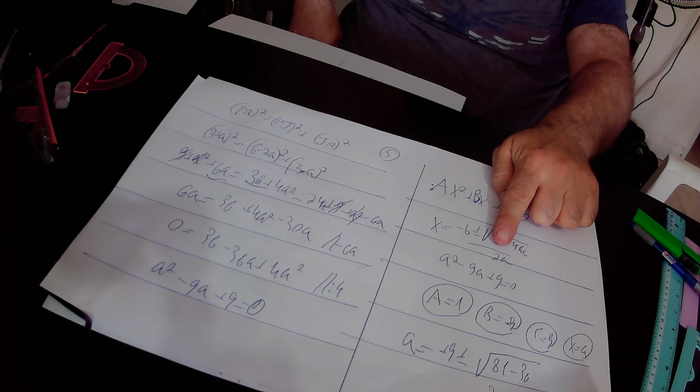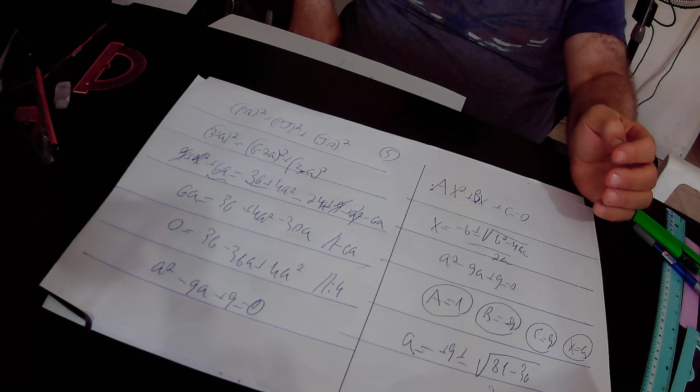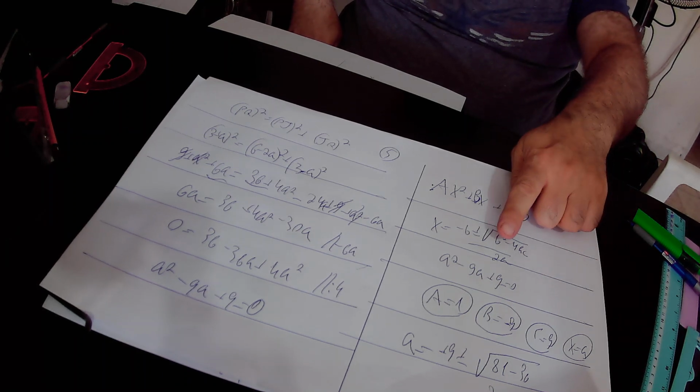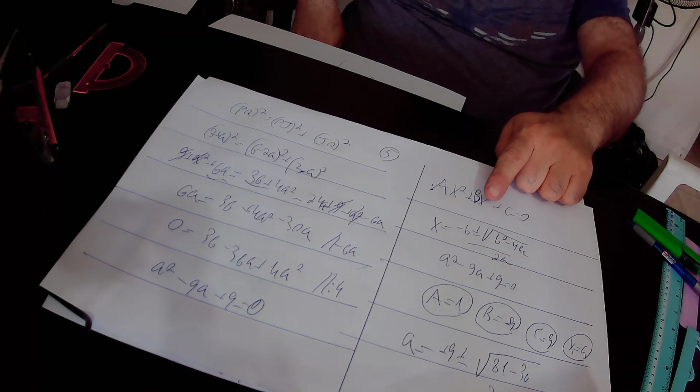And the variable that we are looking for in this equation is A, so x equals A. So the only thing that is left to do is to put the data of our specific quadratic equation in this general formula for x, and we will find out the values of A, because x equals A.